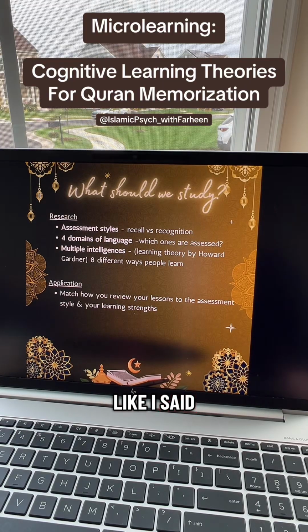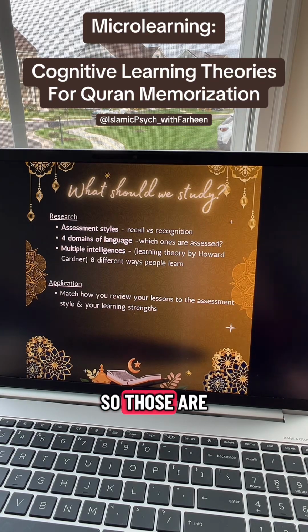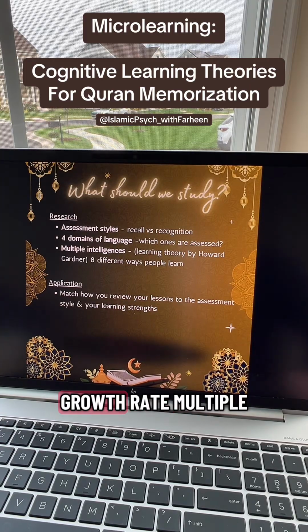Like I said, everybody develops those at different rates. Some people might learn to read faster than they learn to write, or learn to speak faster than they can comprehend through listening. So those are the 4 domains, and they have their own staggered growth rates.